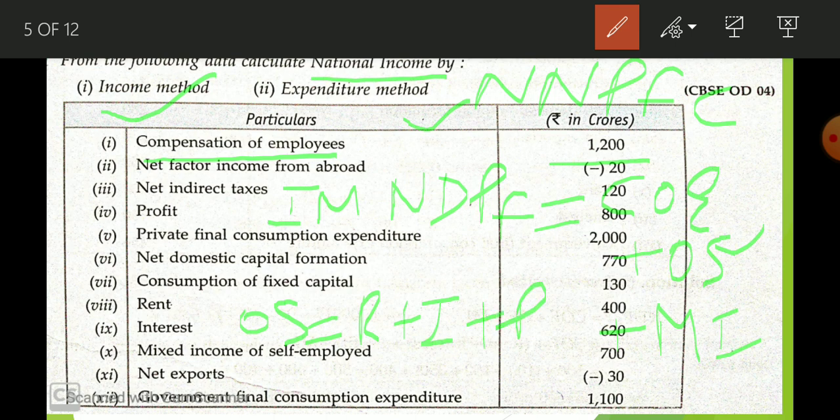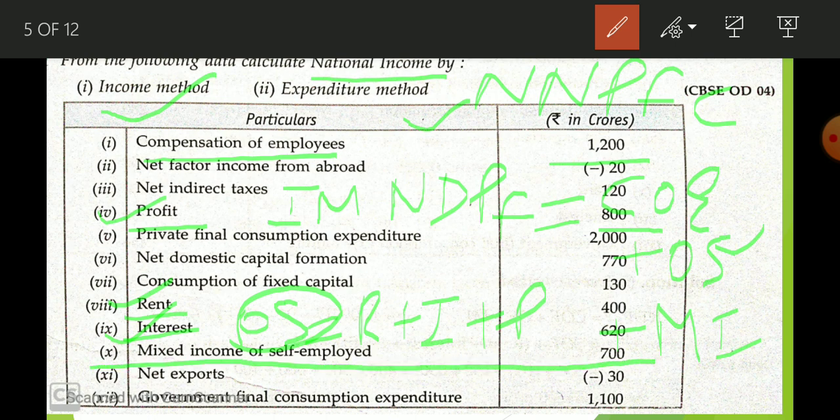So here you can get the value of rent, interest and profit. When we add these three values, we get the value of operating surplus. Okay, now mixed income is given here, it is 700.